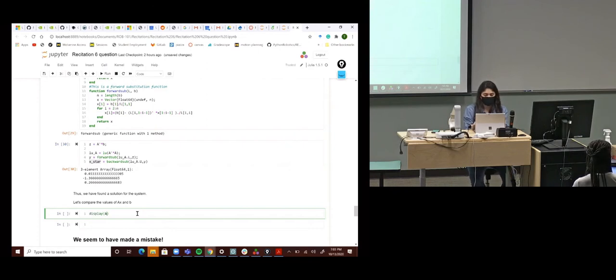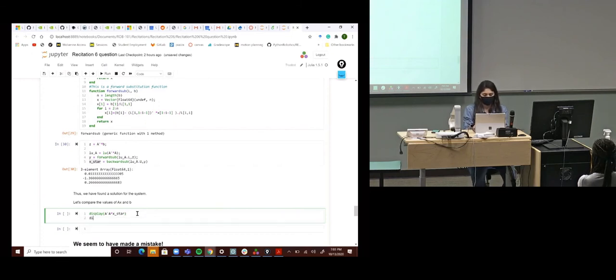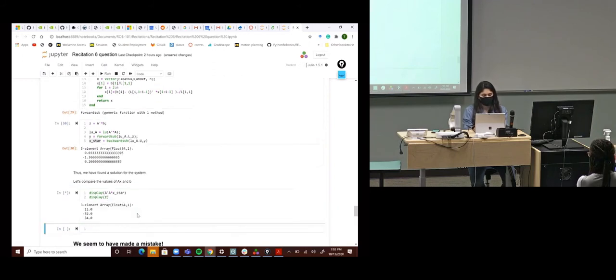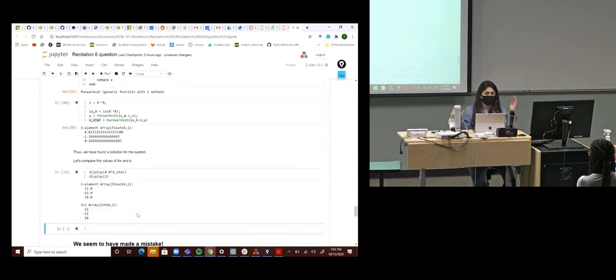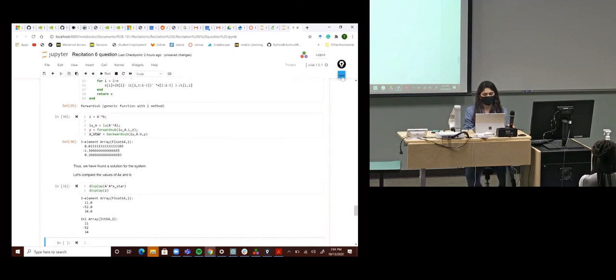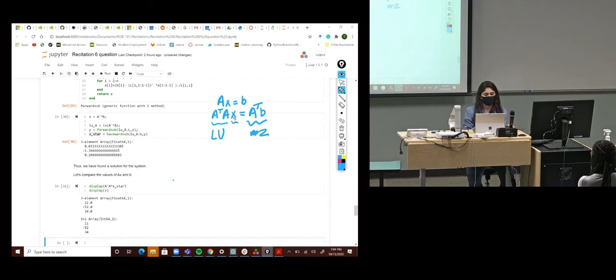We should find that A transpose A times X star should be equal to Z, which we defined as A transpose B. From here, I found X star.